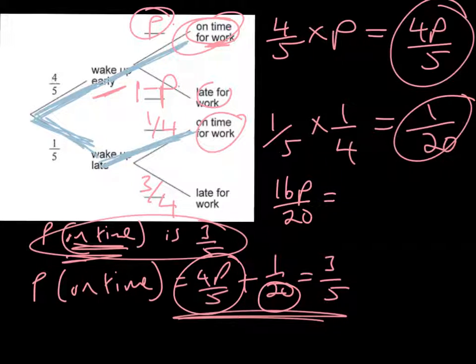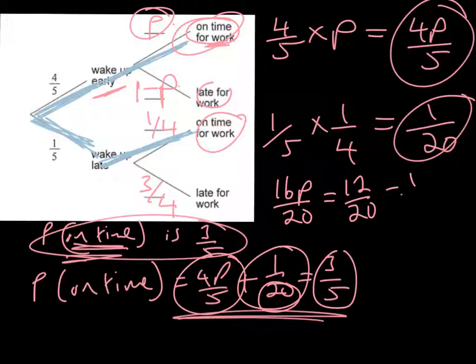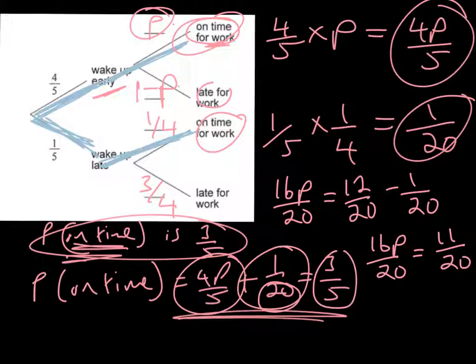Is going to give me 3 over 5. So again, multiplying the denominator by 4 to get 20, I also need to multiply the numerator by 4. So that's going to give me 12 over 20. And then I'm just going to take this over to the other side because it's already over 20. So I end up with 16p over 20 is going to be 11 over 20.